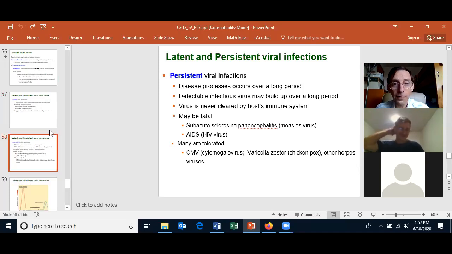Okay. There are also persistent viral infections, and these viruses follow a different life cycle, a persistent viral infection life cycle, where the virus is mostly leaving the cell.